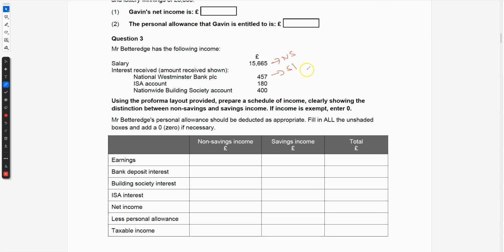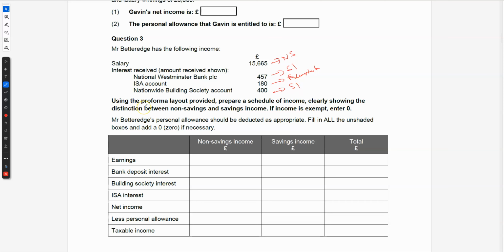Then we have an ISA. Remember that ISA income is always exempt. Do not take the ISA into account. And the Nationwide Building Society, 400, this is also savings income.